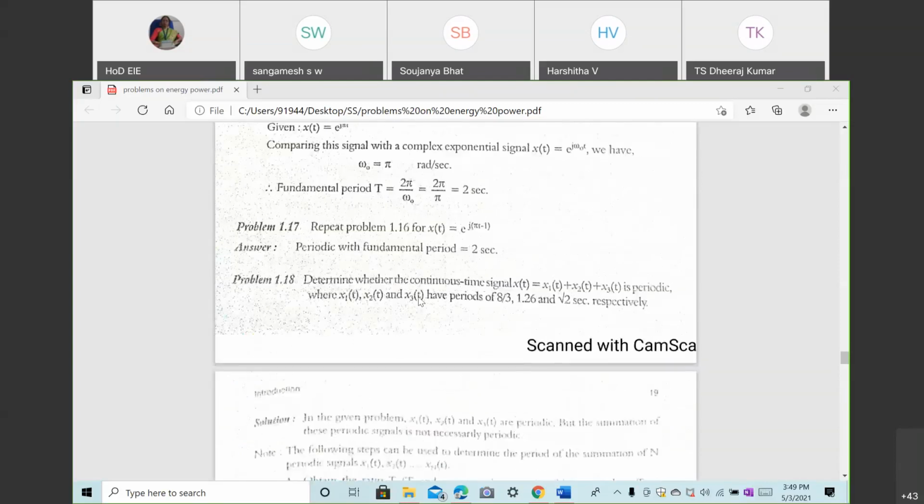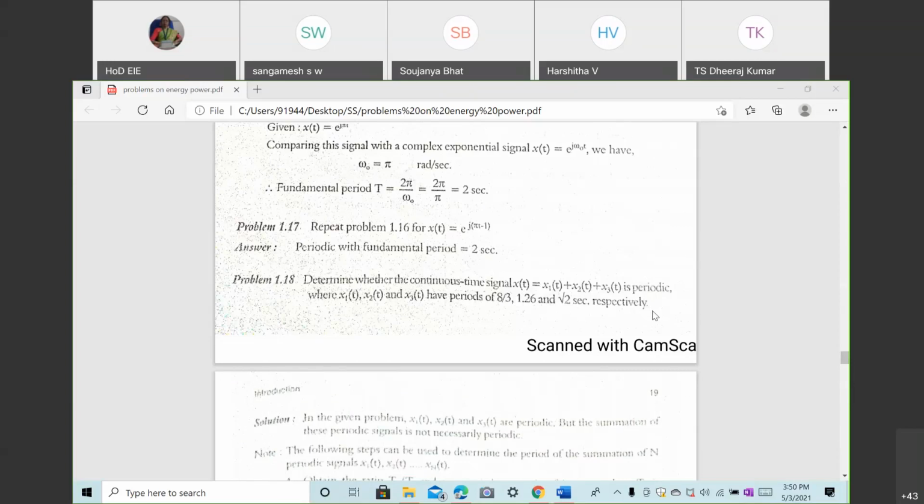Then next, determine whether the continuous time signal x of t equal to x1 of t plus x2 of t plus x3 of t is periodic, where x1 of t, x2 of t and x3 of t have periods of 8 by 3, 1.26 and root 2 second respectively.